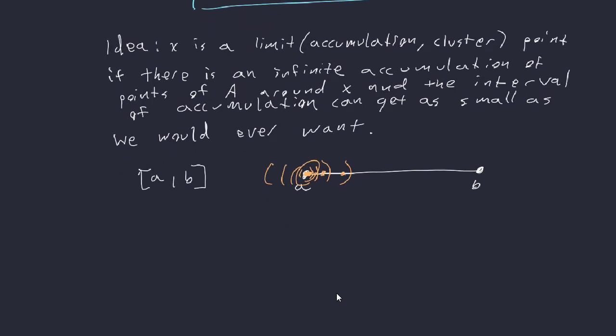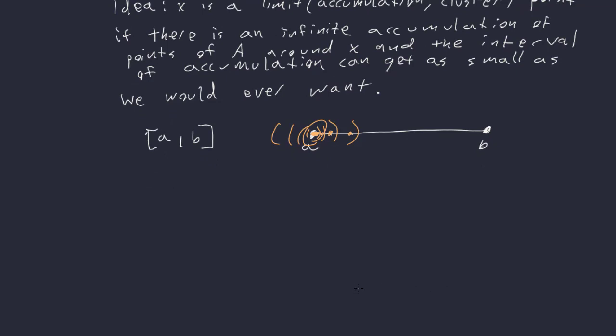Now something that would not have accumulation points, or limit points, is to consider the set of just 0 and 1. Okay, so on a number line, here's 0, here's 1, but these are the only elements of the set. Any epsilon neighborhood, well, we can have large epsilon neighborhoods.